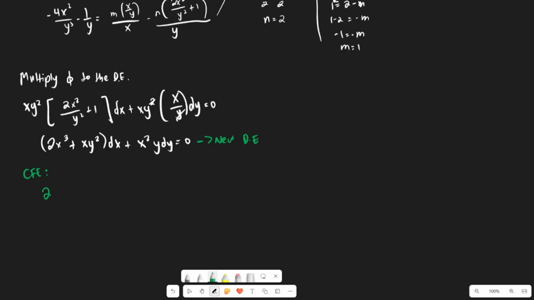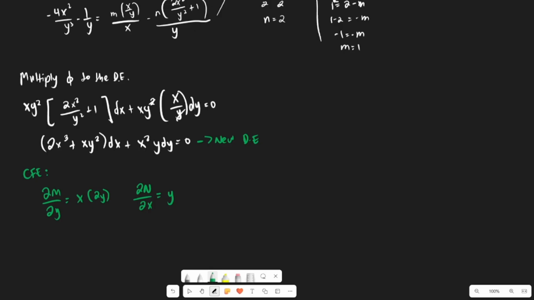So when checking for exactness, let's find the partial of m with respect to y. Get the derivative of this with respect to y. So this one becomes a constant, and in this one, we take out the x and get the derivative of y squared, so that is 2y. And on this side, let's get the derivative of this side with respect to x. So we'll have to factor out the y.